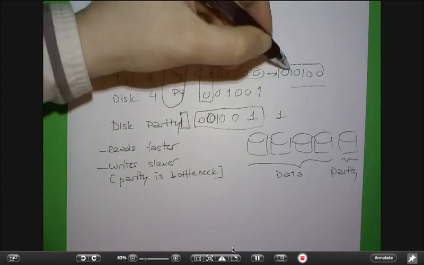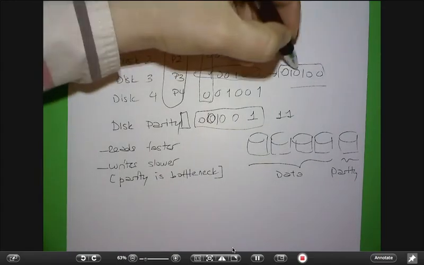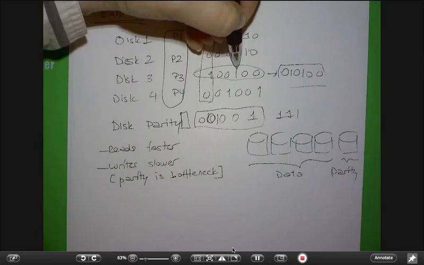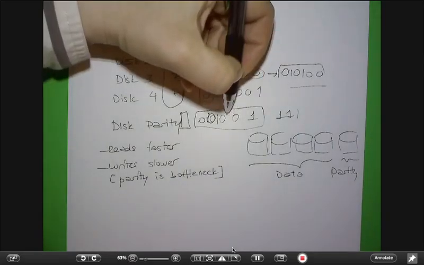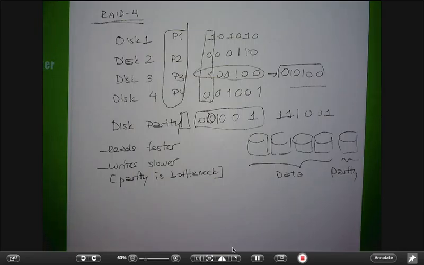This was 0, now it's 1, so I need to flip this one. This is 0, so I'm going to keep this as such. This is 1, this is 0, so I'm going to keep this like this. So to write, I don't need to read the others, but I still need to read the parity, right? So it's slower.